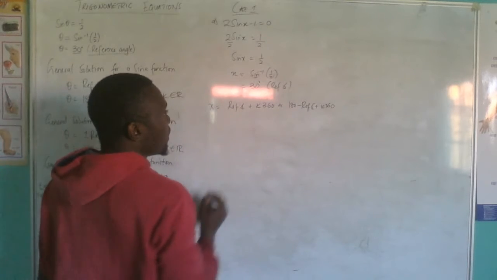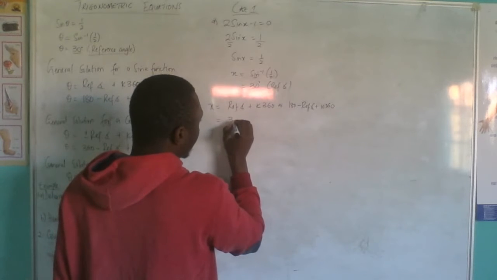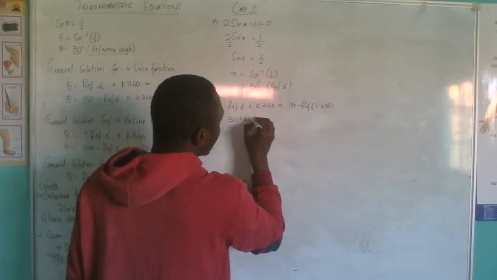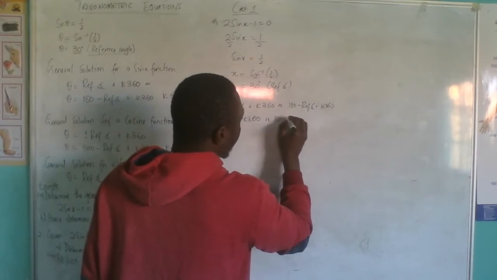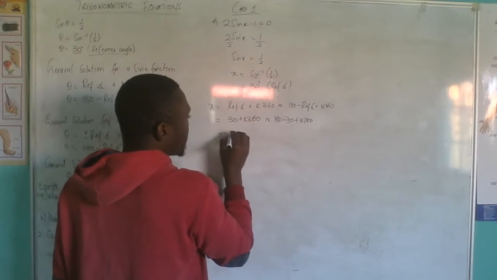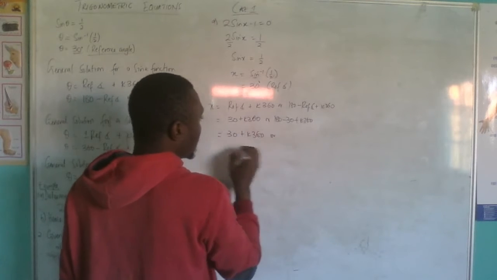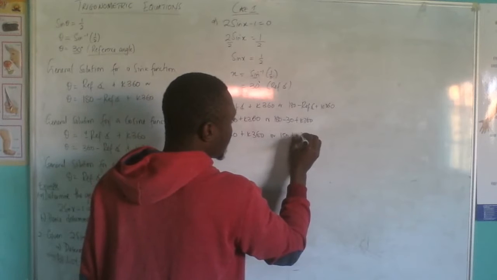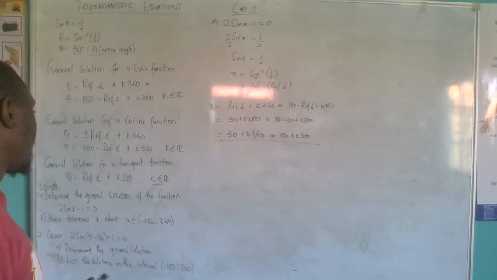Then x will be equal to the reference angle, that will be 30 plus k360, or 180 minus 30 plus k360. That is 30 plus k360, or 150 plus k360. And then that's the general solution. Now you've solved in that case.